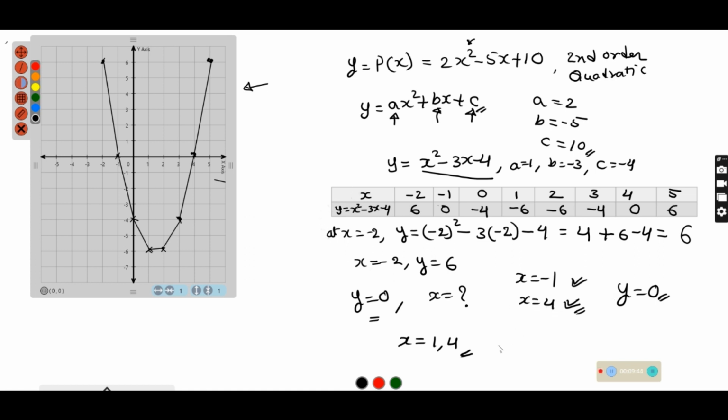With this we observed that whichever equation has second order, the quadratic equation, has maximum two roots. But a linear equation always has at most one root. So 1 and 4 both make y equal to 0, or p of x equal to 0. So the roots of this equation are 1 comma 4.